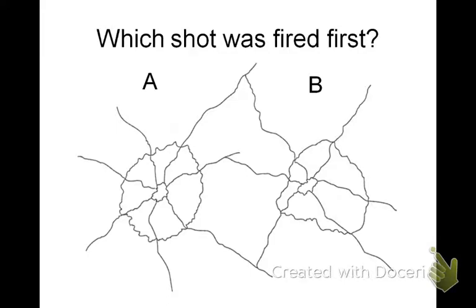If we're looking at bullet marks, remember from Crime Scene University, the instructor there was teaching how to figure out which shot was fired first. You're looking at right here, these lines. So you have these radial lines, and what you see here is that this line here was stopped, and this line here was stopped.